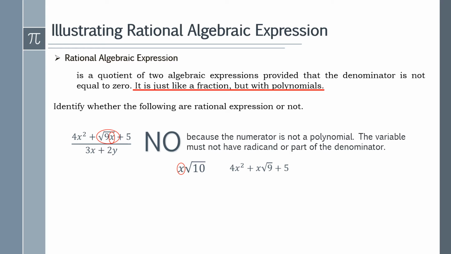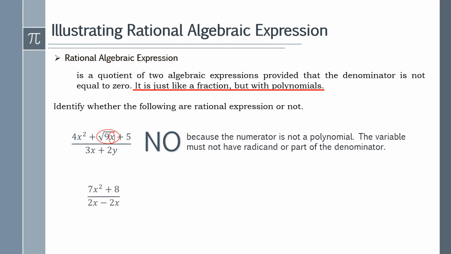So, pwede yan siya. But in our example, that is not a rational expression because x is inside the radicand. Okay? So, yung isa sa babantayan natin. Pagtingin pa lang natin, oops, nasa gitna yung x, nasa loob ng radical, meaning that is not a rational expression.